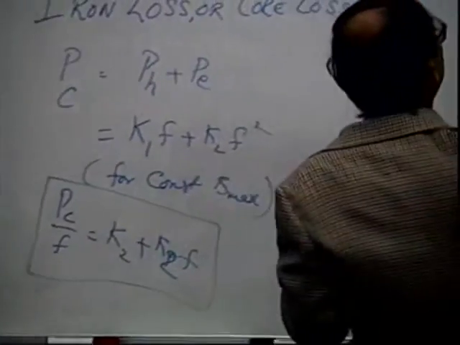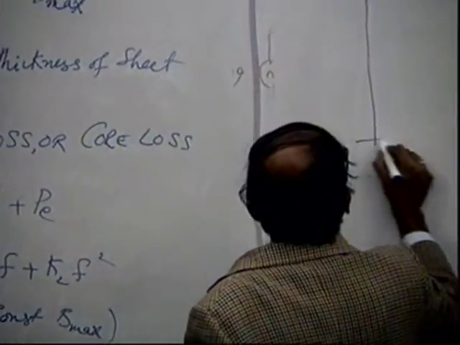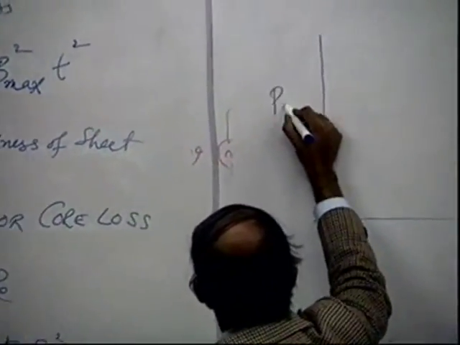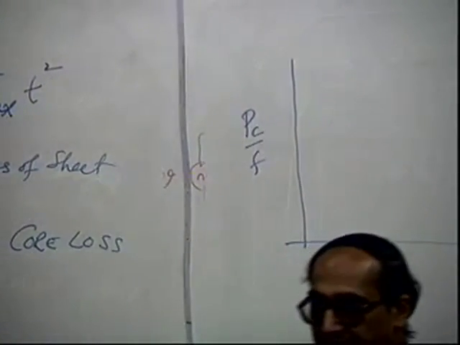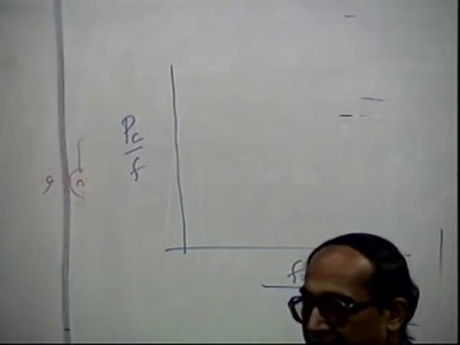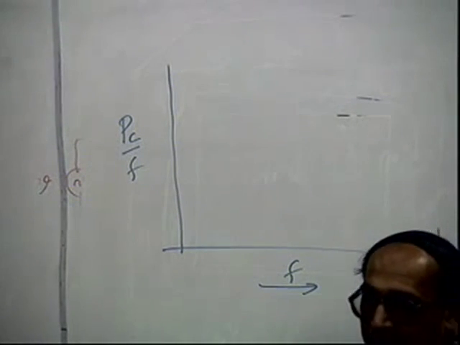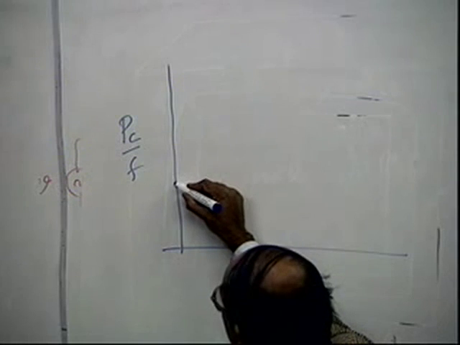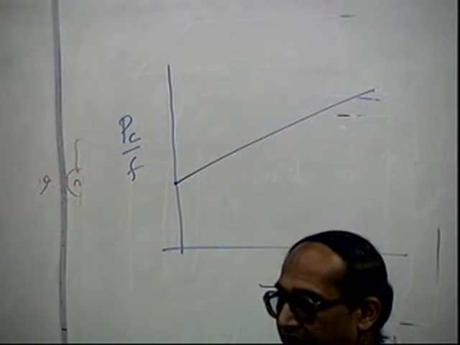So if you can calculate the core loss at different frequencies, what will it look like? It will be a straight line like this.